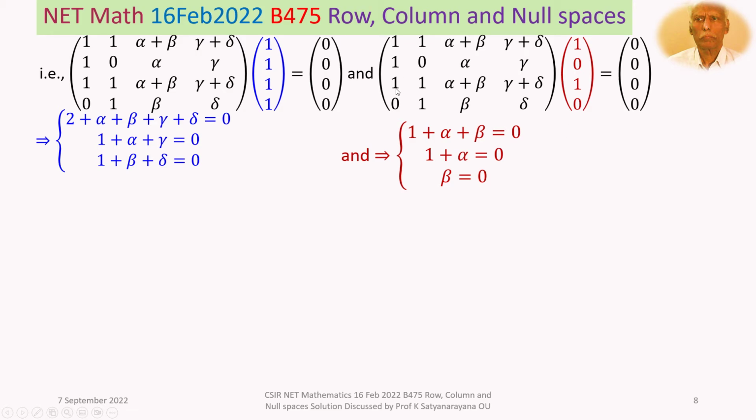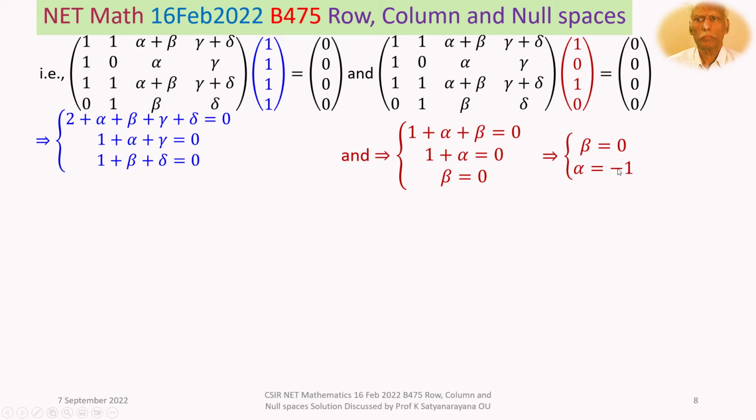The third row gives the same, 1 plus alpha plus beta is equal to 0, which we have already written, and the fourth row gives beta is equal to 0. Now solving, beta is equal to 0, alpha is equal to minus 1.